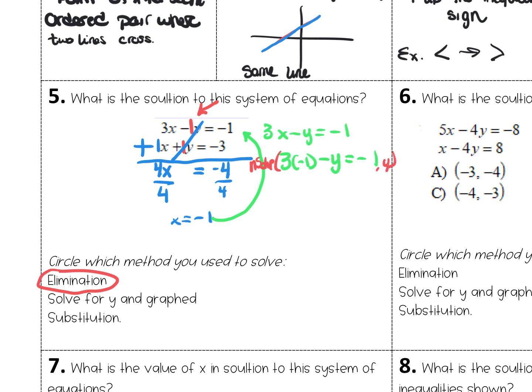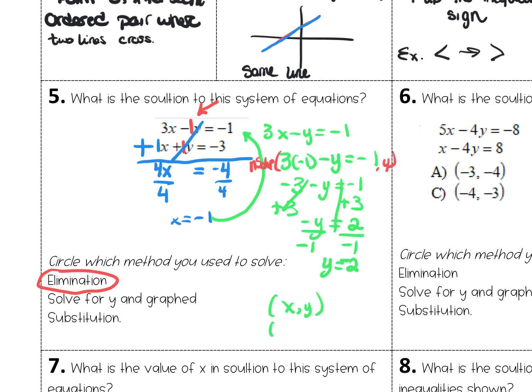I'm going to do the algebra. 3 times -1 is -3, minus y equals -1. I'm going to add the 3 to the other side. -y equals 2. Divide by -1, divide by -1, and y equals -2. When you write your answer, it should say x comma y. So my answer is the x value -1, comma the y value -2.